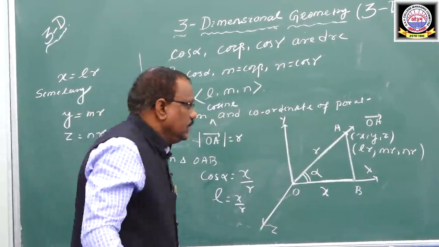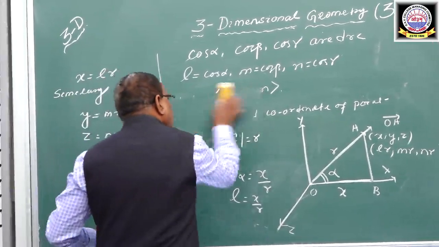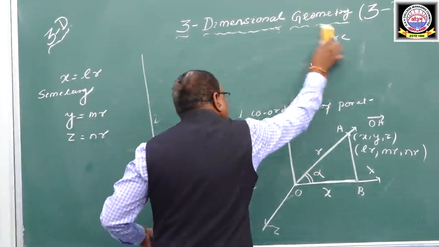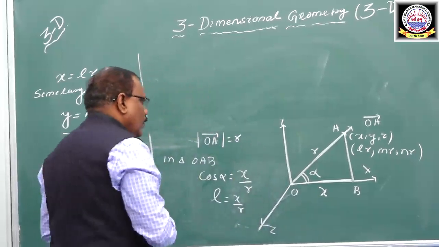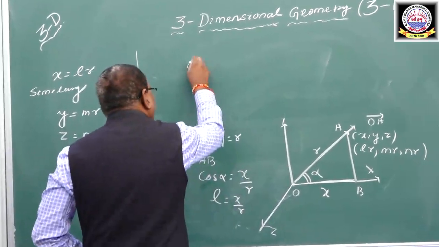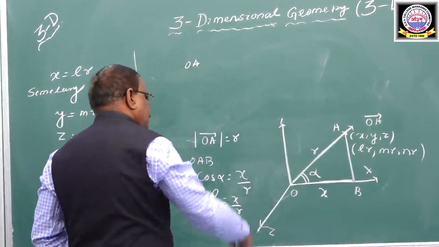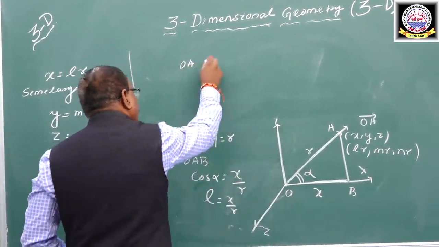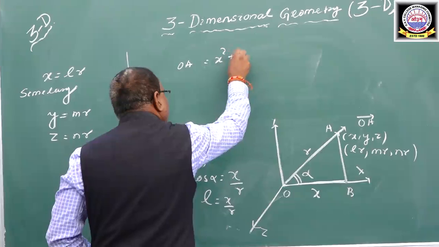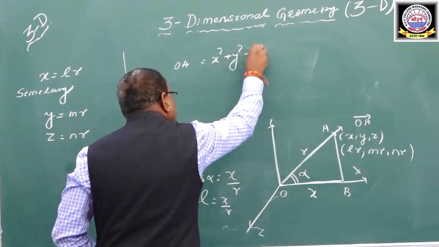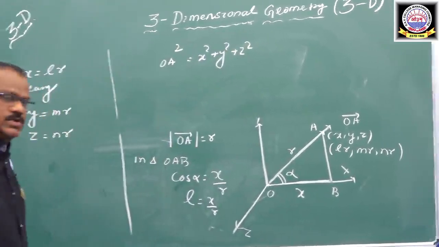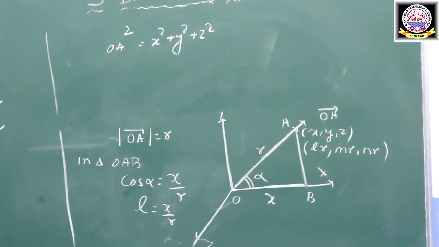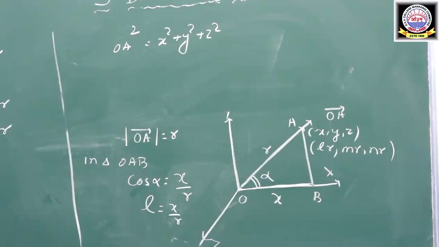So, now one interesting thing you already got. Let us see, how we will get the distance OA. That will be the square root of x square plus y square plus z square, or you can do the squaring also. OA square is equal to x square plus y square plus z square.